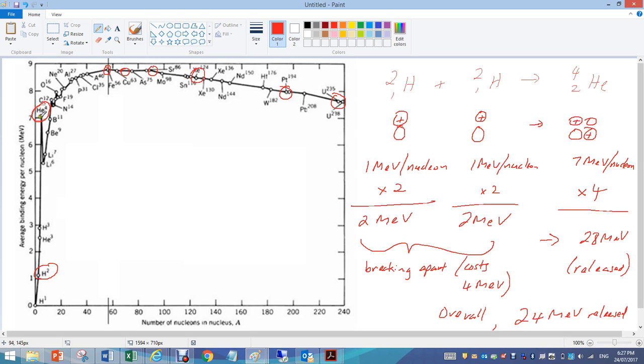Helium has 7 mega electron volts per nucleon, so that's what it's going to cost us to break it down. And when we reform hydrogen, you're only getting 1 mega electron volt per nucleon back released into the surroundings, so it's not going to work. So while fission and fusion are both able to release energy, you've got to be careful what you're fissioning and what you're fusing.